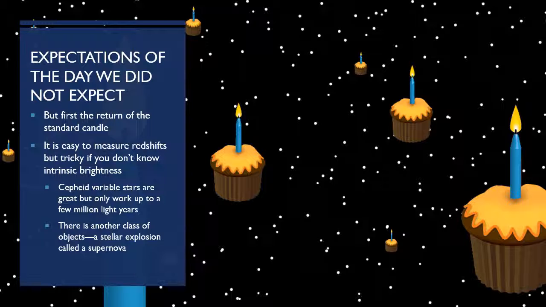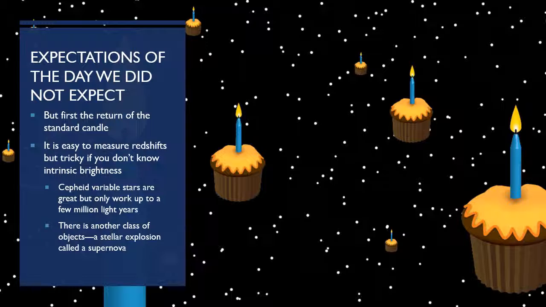Well, here is an example of one of the things that helped us to even begin to try to make this measurement. This is the return of the standard candle. Of course, here's an example of candles at many different distances in space, and if they all have the same brightness, you could just simply measure how bright it appears to be and then calculate how far away it is. Pretty simple idea.